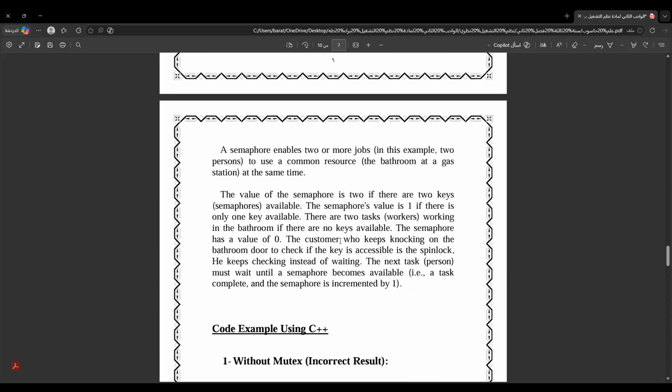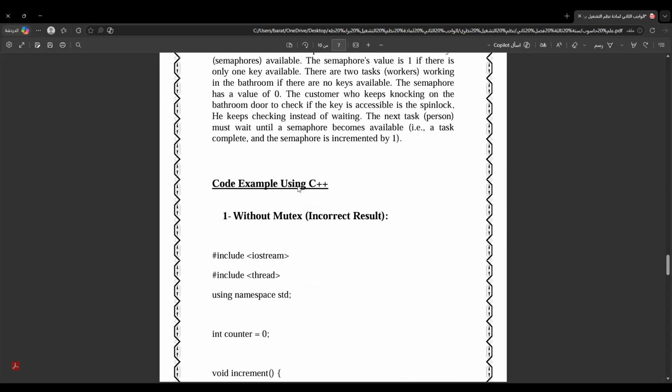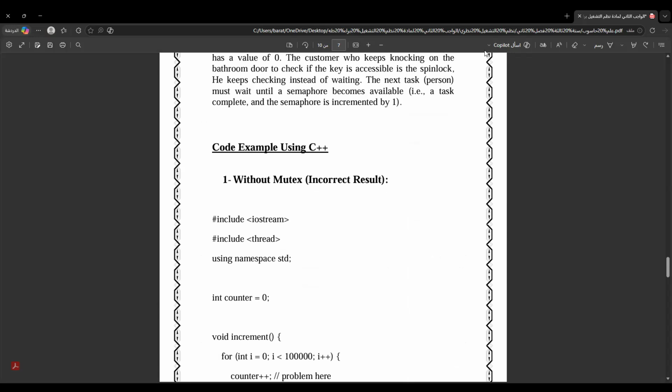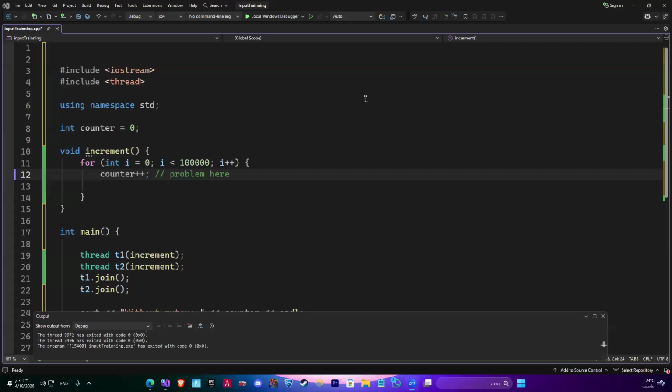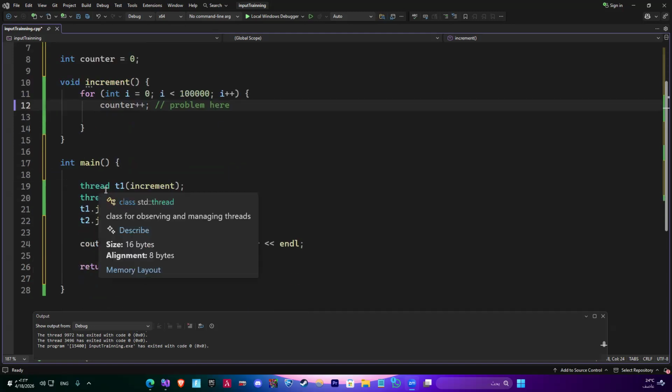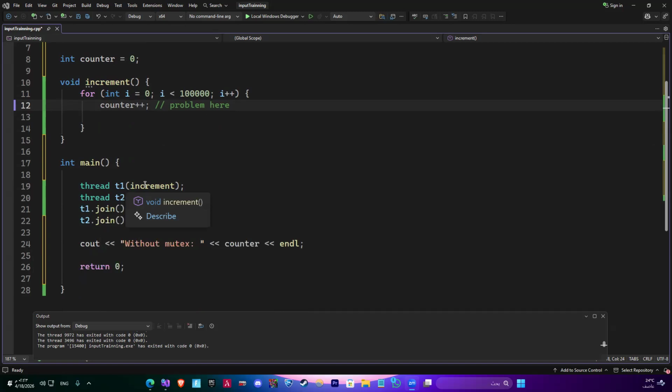Now we have a code example using C++. We will move to Visual Studio to see it. Now we have the first one without mutex. Here I created two threads, and each thread tries to increment a shared variable, the counter variable.